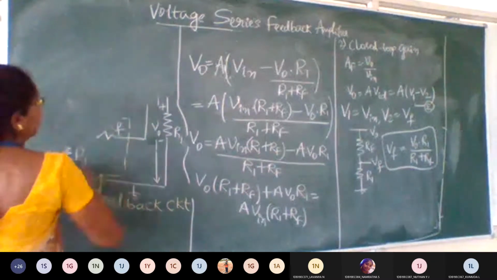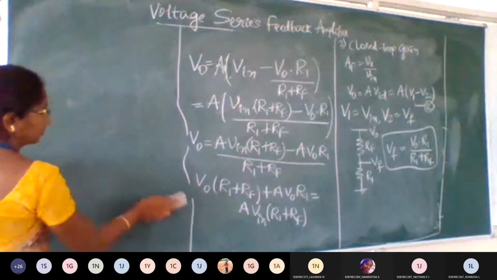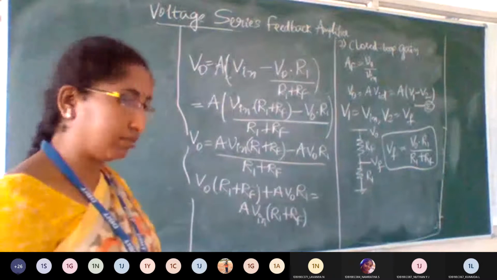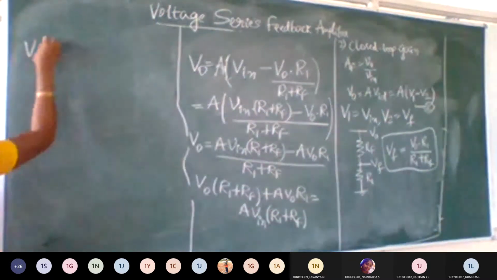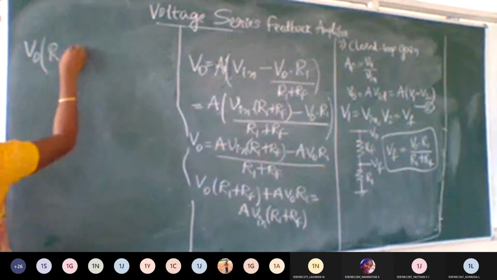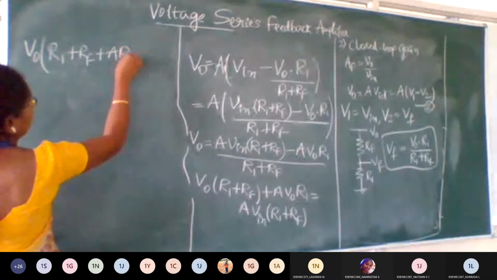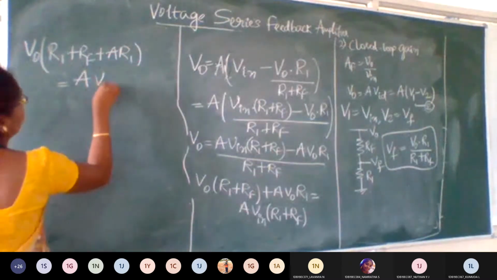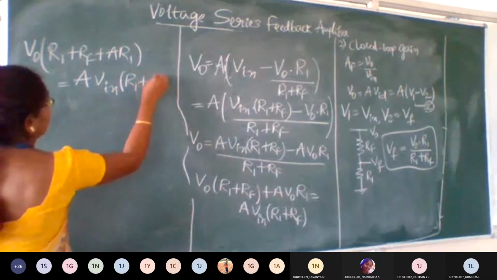What is the expression you will get? If you take V naught as common, you will get V naught in R1 plus RF plus AR1. That should be equal to AV in R1 plus RF.